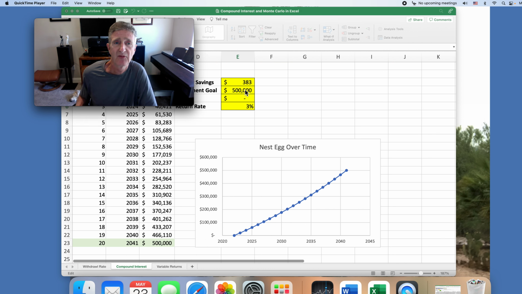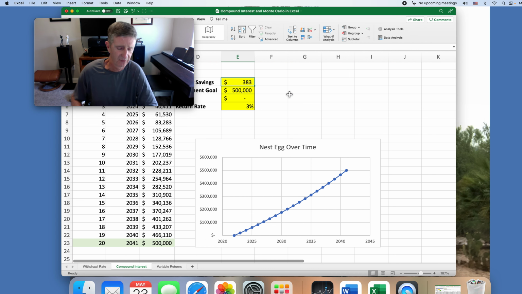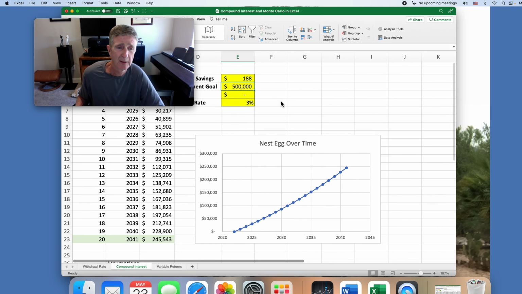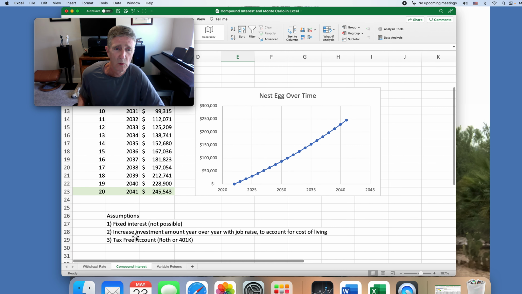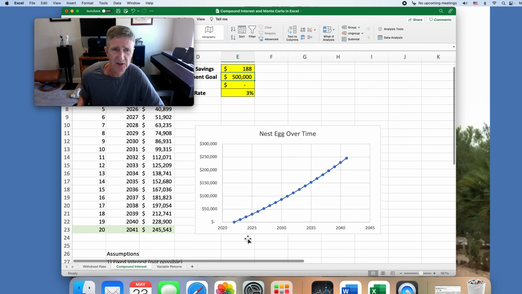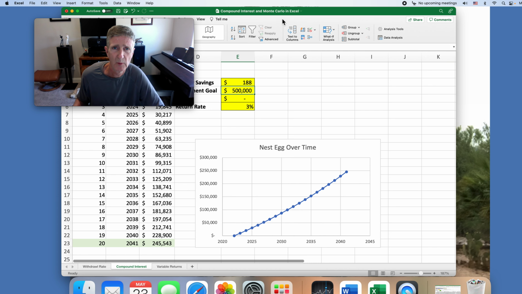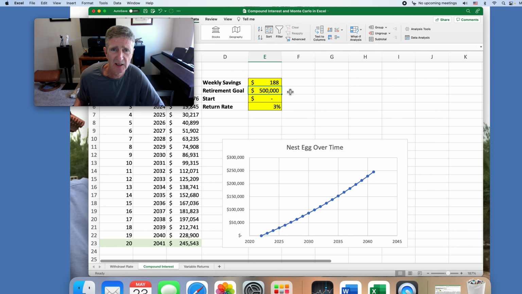And we know we need 500,000, but instead of 383 a week, let's say we can only save 188 per week. Now, we're going to increase the investment every year, year over year, with our job raise to account for cost of living. So when we have our investment retirement goal of 500,000, that will all be adjusted for inflation.